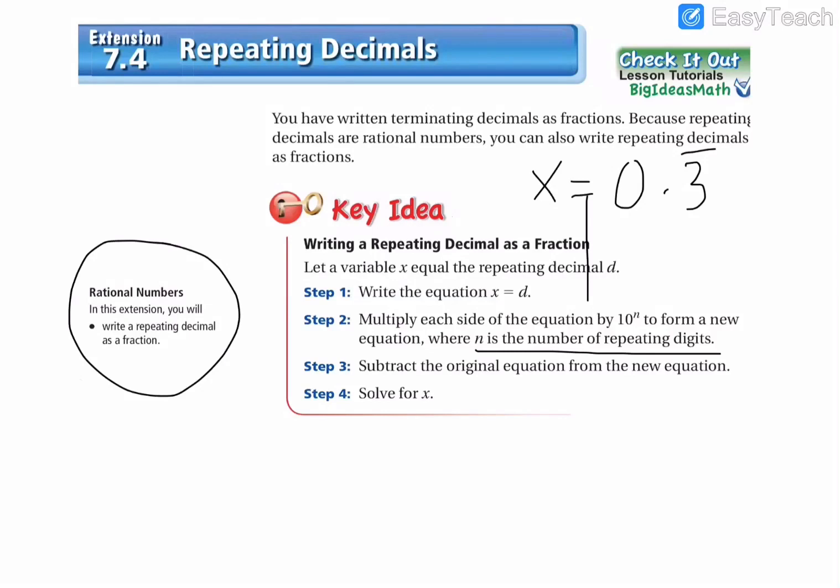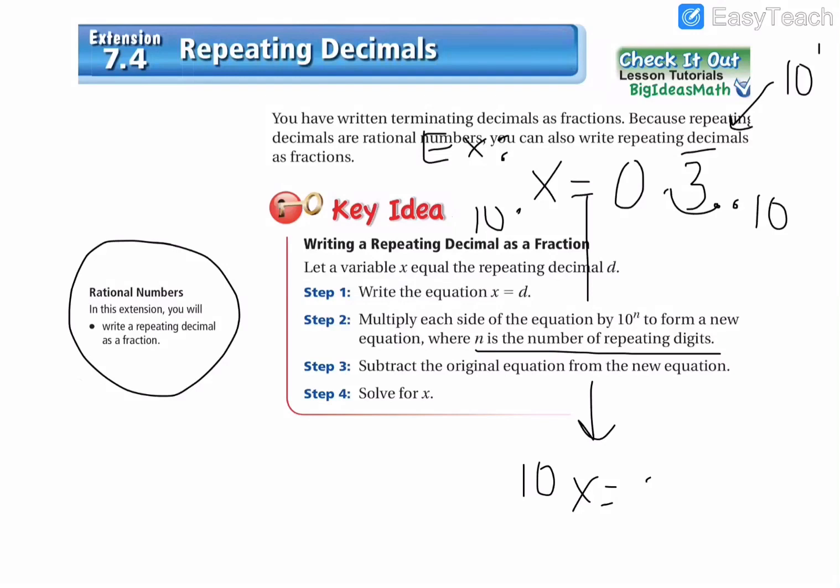Here only one digit repeats, the 3, so it's 10 to the first power, or just 10. Multiply both sides by 10 and you get a new equation: 10x equals, move it over once, 3 and 3/10 repeating.